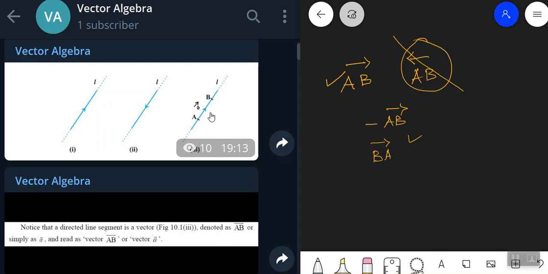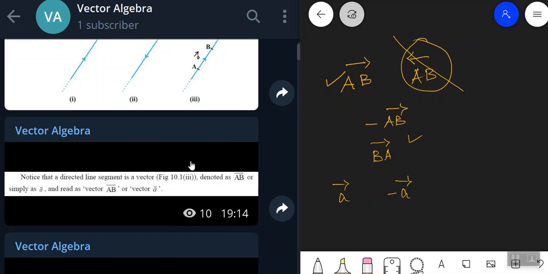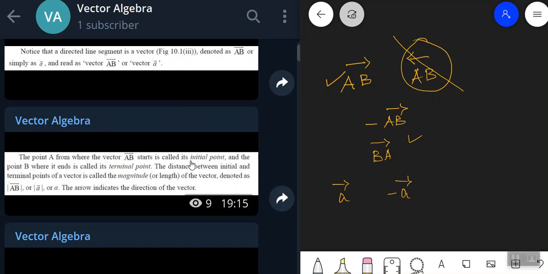I hope now it is very easy for you to understand this. And if the onward direction is this one, then how to represent the reverse direction? You can put simply minus, so that represents the reverse direction. You understand? Now, let us go ahead.